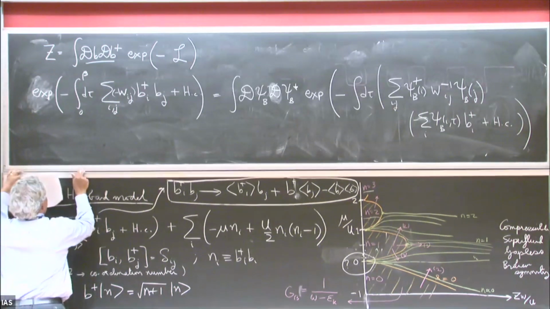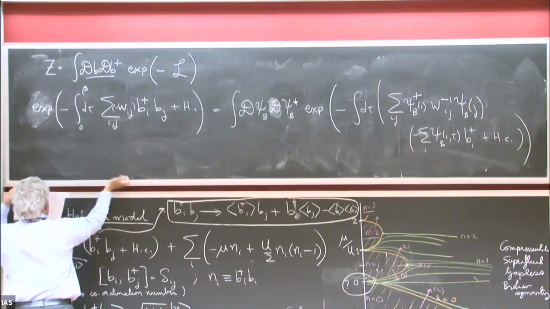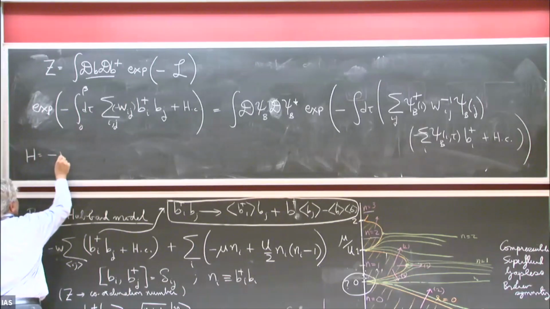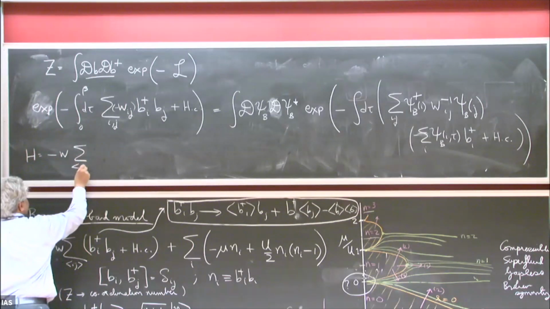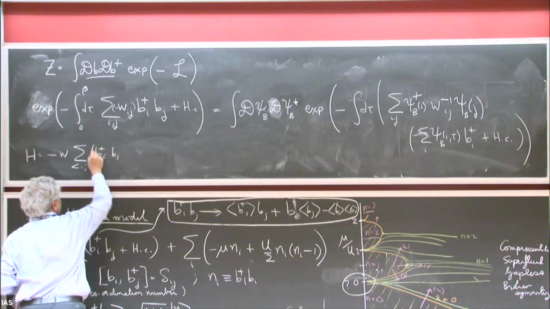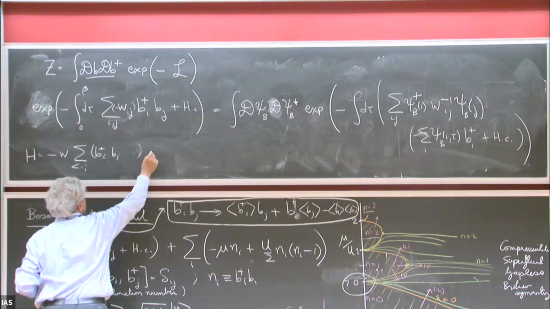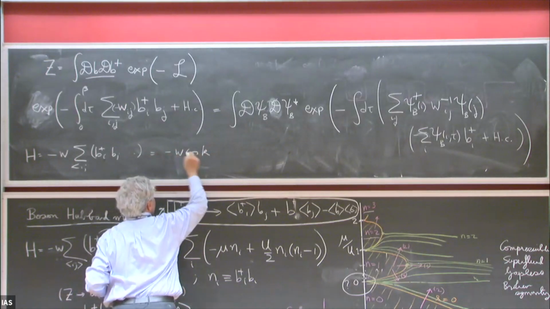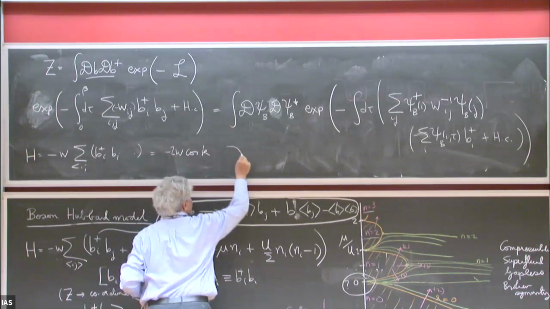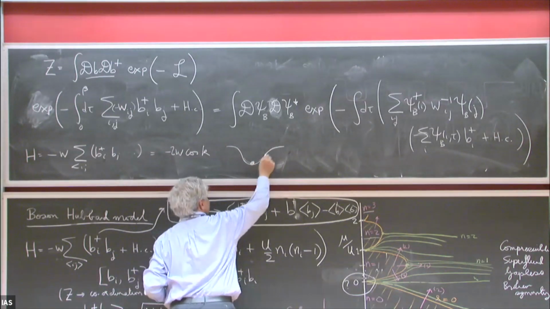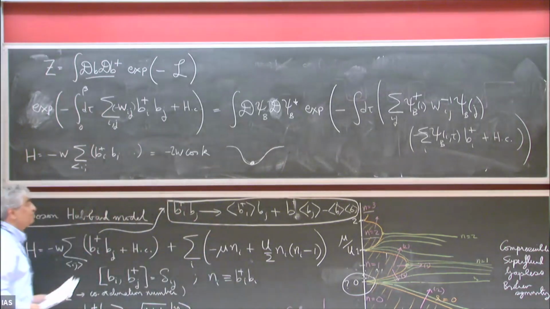Well, okay, if you have the Hamiltonian minus W sum over neighbors b dagger i b j, that gives you the dispersion minus W cosine k, which has a minimum at k equals 0. And so that's k squared.